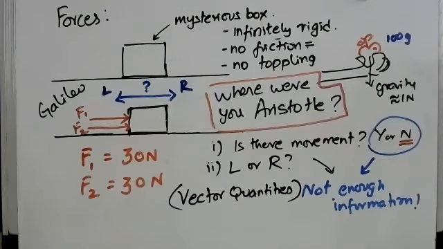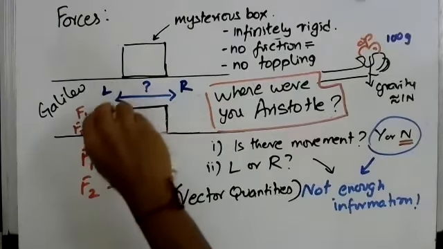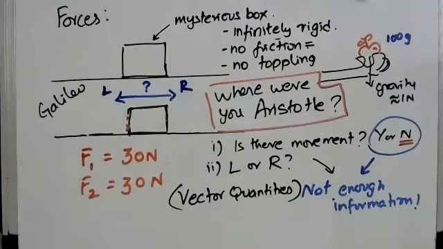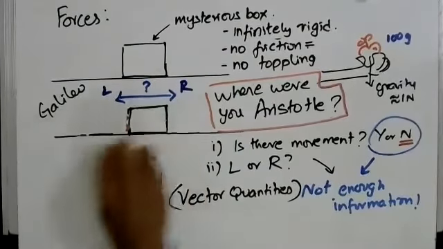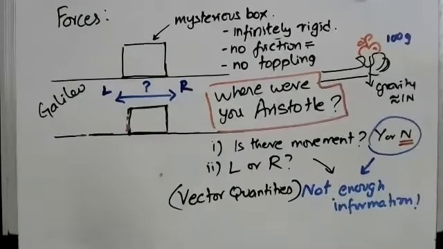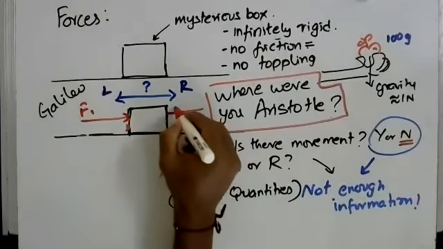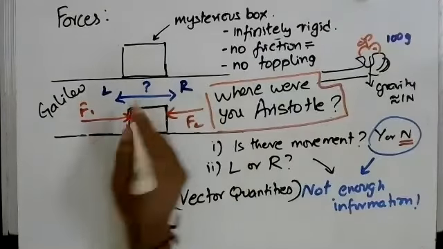Like for example, I can also say that there are two forces F1 and F2 acting on the object. Here is a force F1 and here is another force F2.